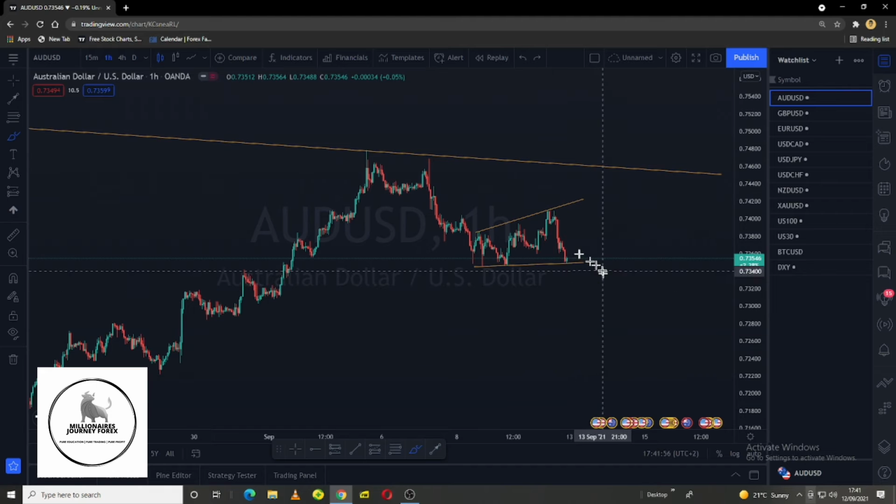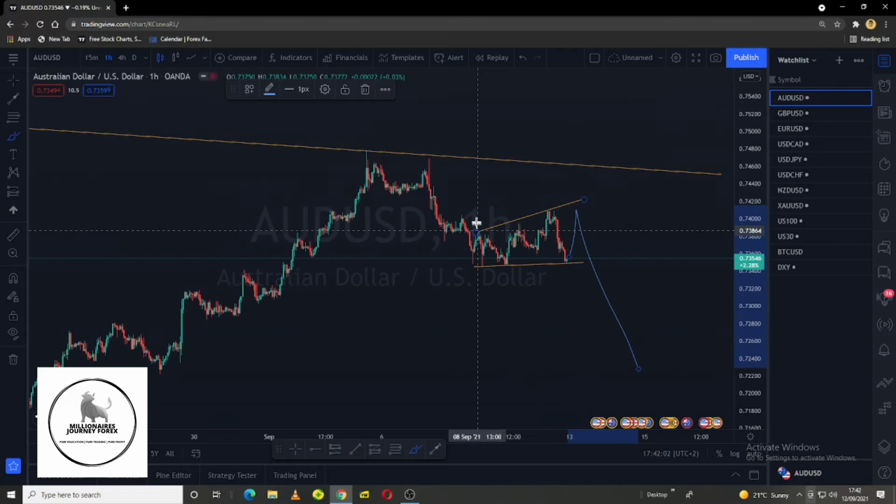Like now, I'm focusing on the probability that price might push up and then go down, because here we have the first touch and then we have the second touch. We might get a dead touch here and a push down. But even if we don't get a dead touch, I will be looking at what price does around these areas and then look for any selling opportunities.